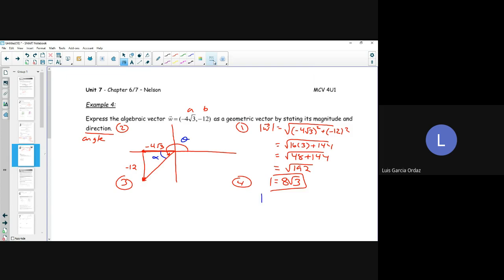So tan beta is equal to negative 12 over negative 4 root 3. If I simplify that, I get 3 over root 3, which just gives me root 3 at the end.